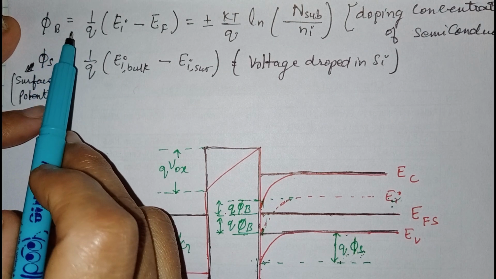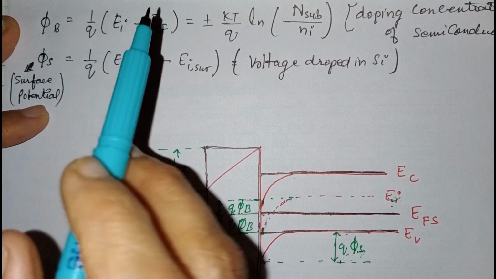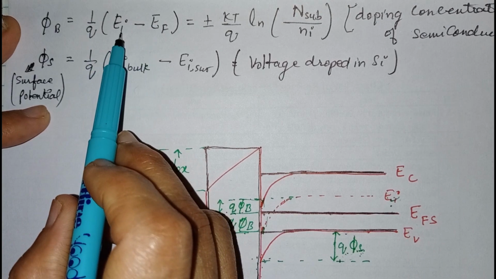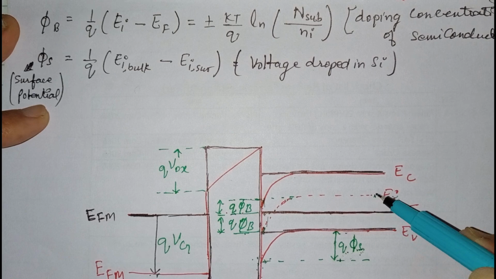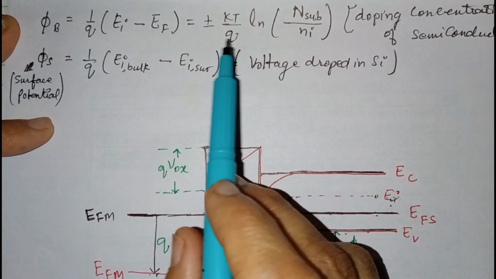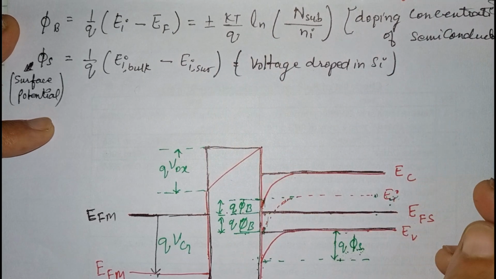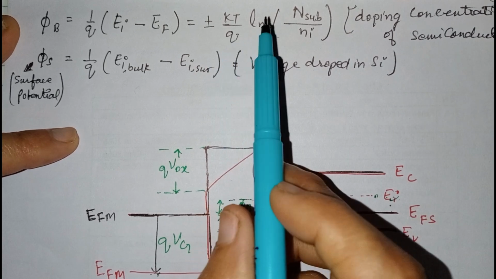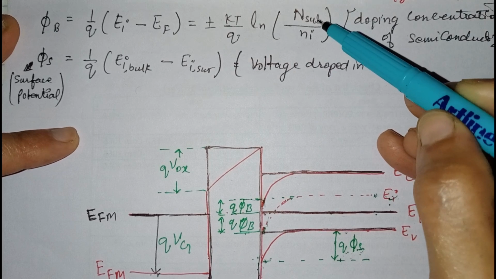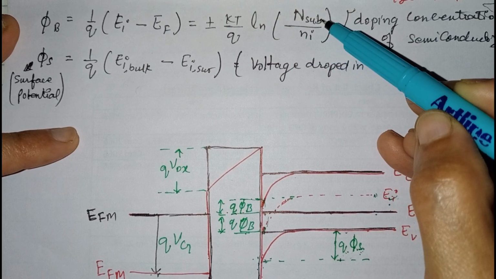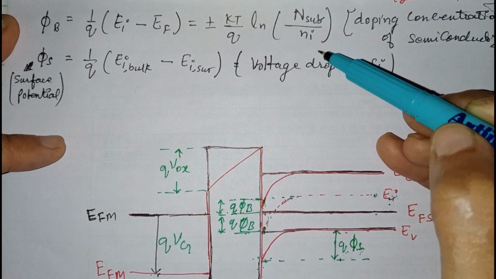This bulk potential is given by 1 upon q times the difference between the intrinsic energy and the Fermi energy, meaning the difference between these two energies. It depends on the doping concentration of the semiconductor, and it is given by kT upon q times natural log of the donor or acceptor atom concentration upon the intrinsic concentration.